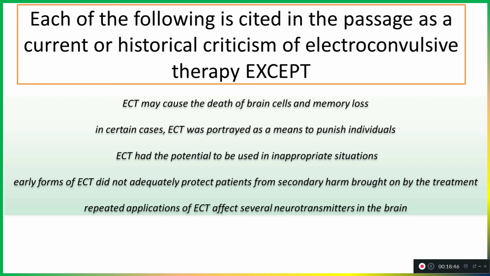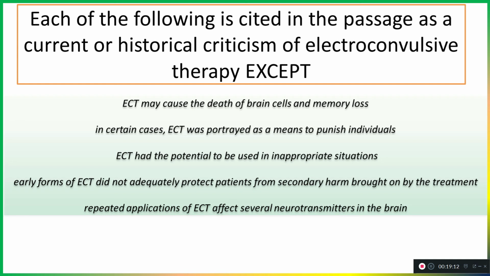In certain cases, ECT was portrayed as a means to punish individuals, absolutely mentioned. ECT had the potential to be used in inappropriate situations. The passage talks about the overuse of ECT along with, it is viewed as punitive and cruel and everything else. Yes, it is absolutely mentioned.